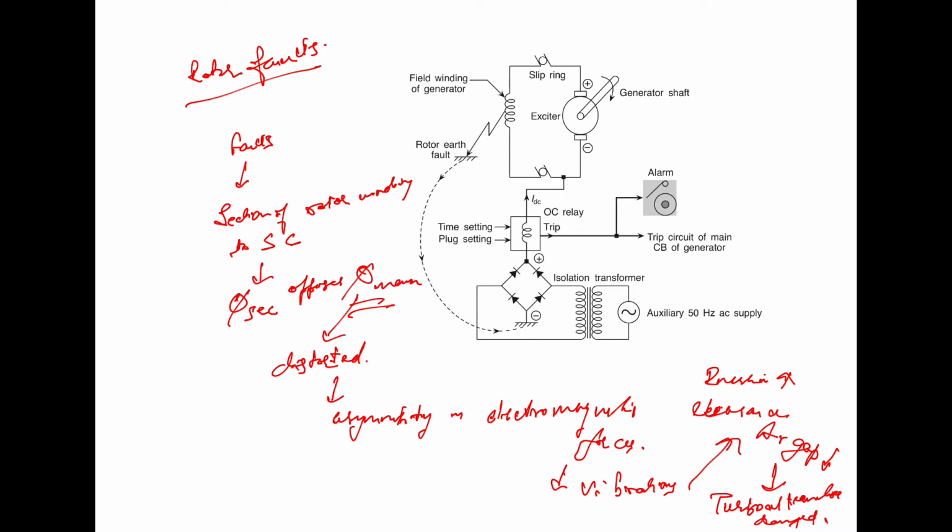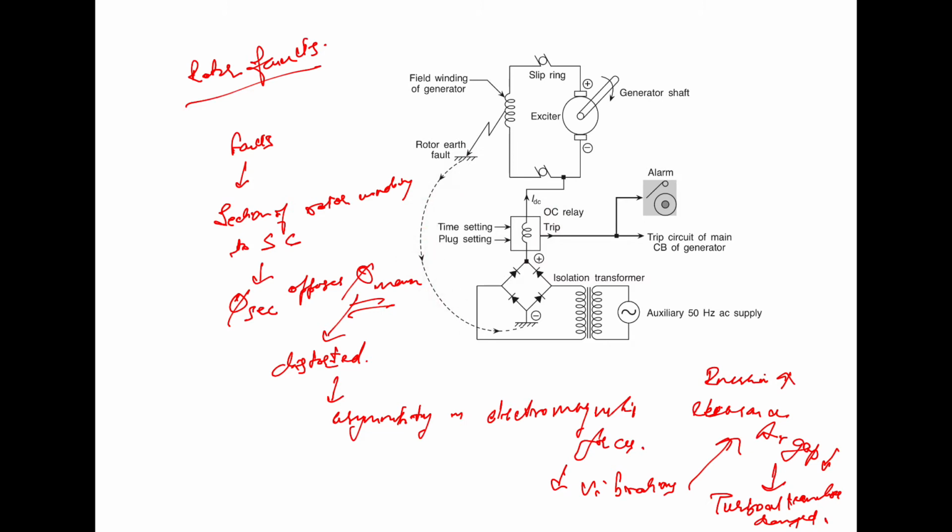In this case we have the external voltage source, which is superimposed on this rotor circuit, and the external voltage source is grounded, so that the very first rotor earth fault will trip the relay.